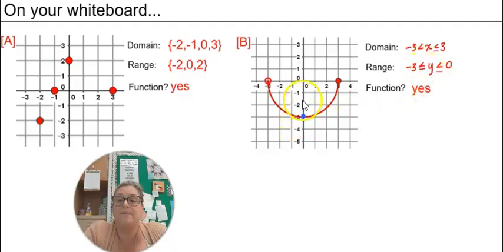Now, as we come up to the highest possible y value, that's here at 0, and we've got an open and a closed circle. So it is going to be included because it's closed at one of the values. If both of these endpoints were open, then it would be non-inclusive. Okay? But because one of them is closed, we're going to close that upper bound.